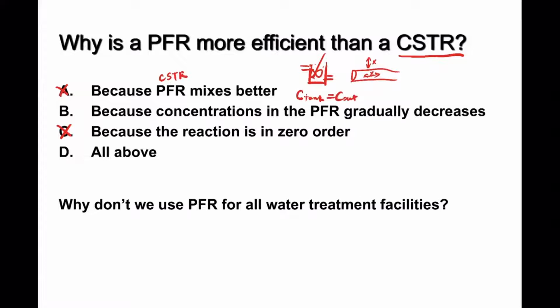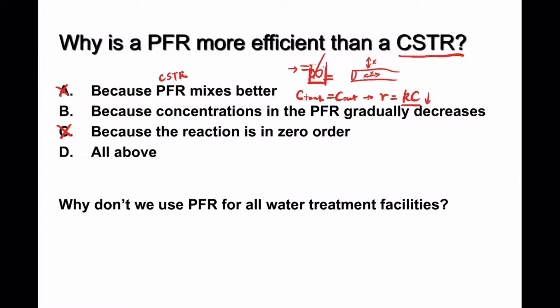What this assumes is that as soon as these reactants, these pollutants, get into the tank, their concentrations are automatically reduced to the concentration at the outlet. What this also means is that the reaction rate, if you remember, that's equal to K multiplied by C, is reduced as soon as the pollutant gets into the tank.